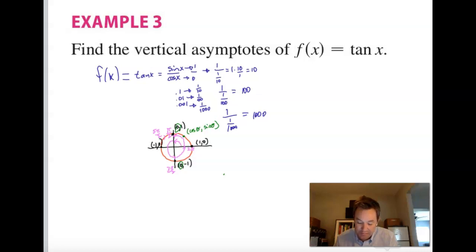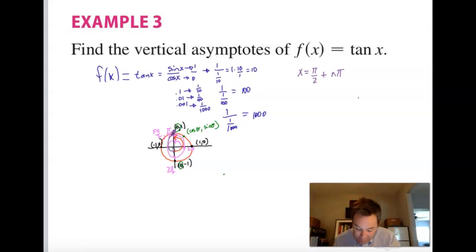I'm going to say my answer is the vertical asymptotes for tangent are at x equals pi over 2, okay, and then plus n times pi, okay? Because this is my first one here, and then I have to go a rotation of another pi radians to get my next 0 for cosine, and then I have to rotate another pi radians to be back at that vertical quadrant.